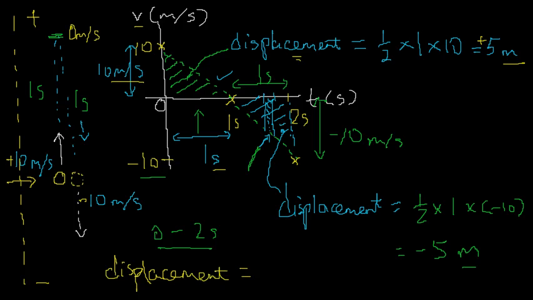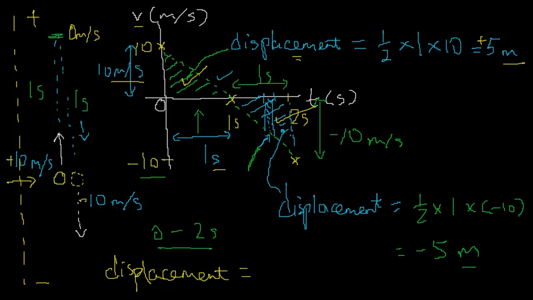Well, I have a graph that goes all the way from there to there. But we know that we can find the displacement by finding the area under the graph. The first part of the graph has this area under it. The next part of the graph has this area, which we now know is the displacement in the opposite direction. So what do we mean by area under the graph?